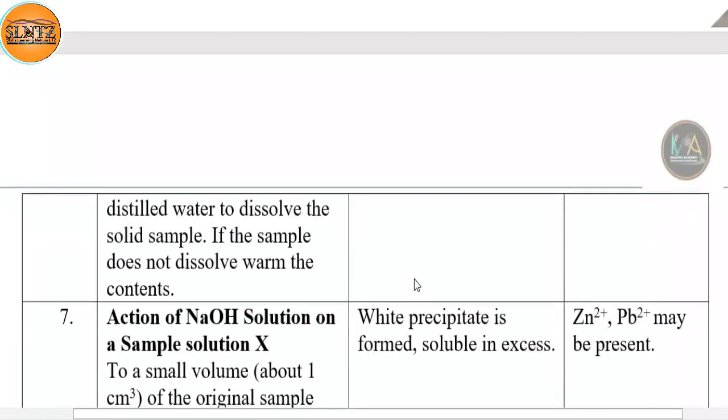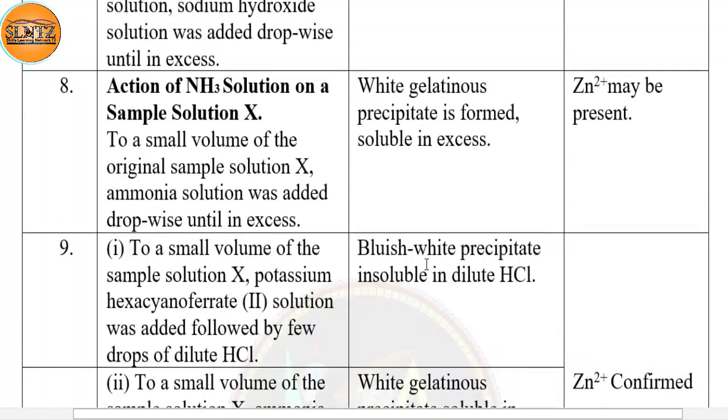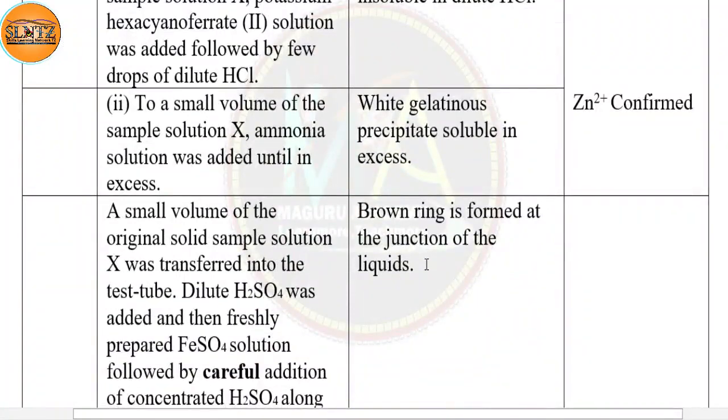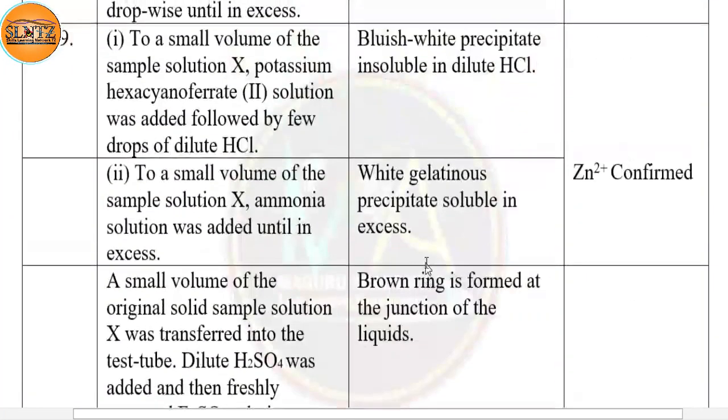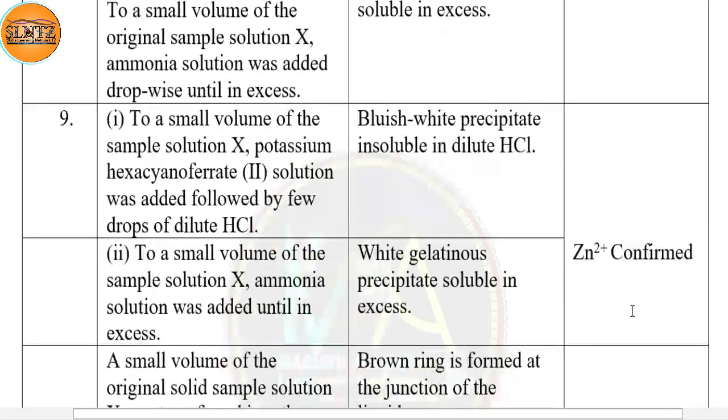You see how to write, and at the end of the analysis of your sample, that is the confirmatory procedure. There is no need to write confirmatory test, because this will inform that is confirmed.